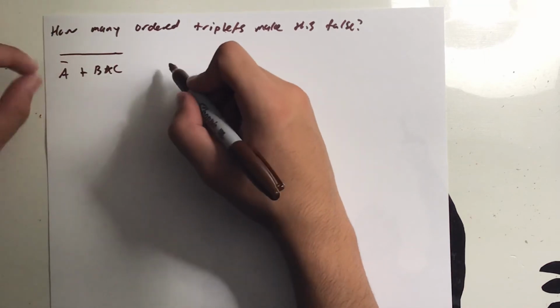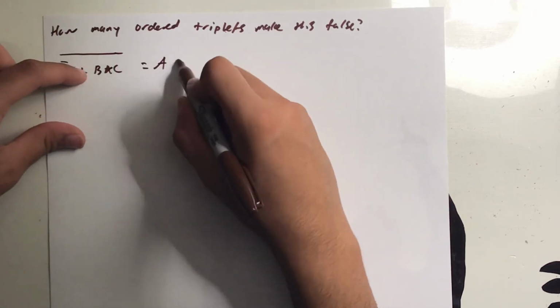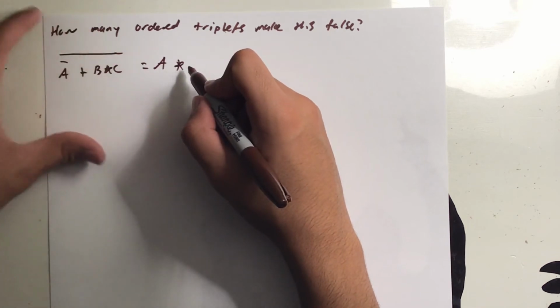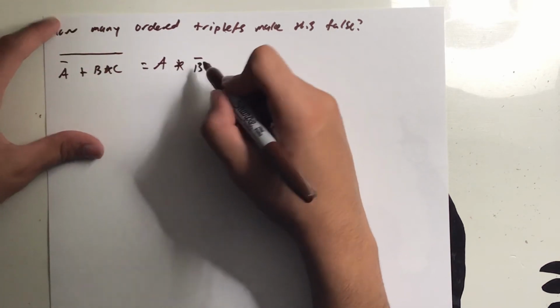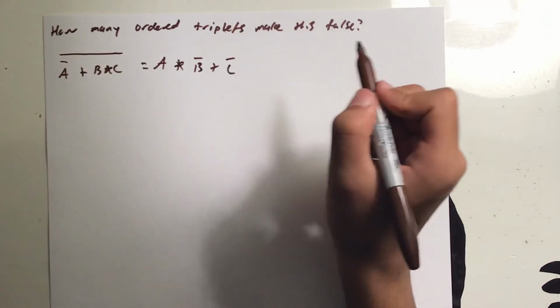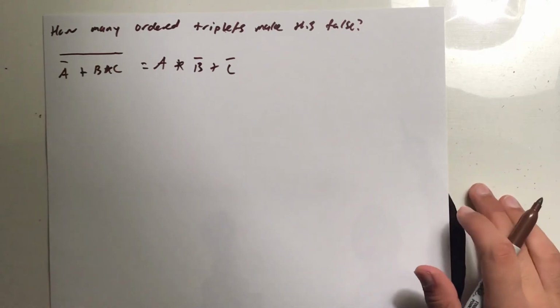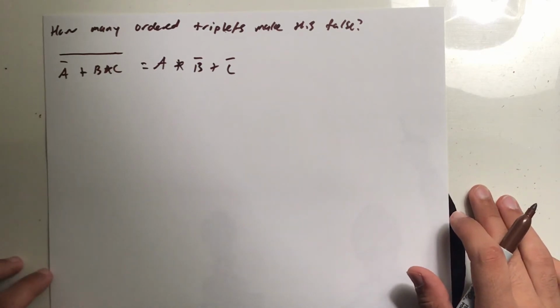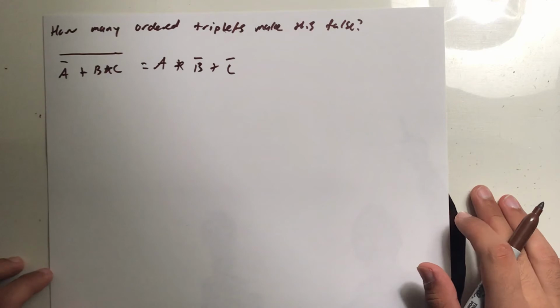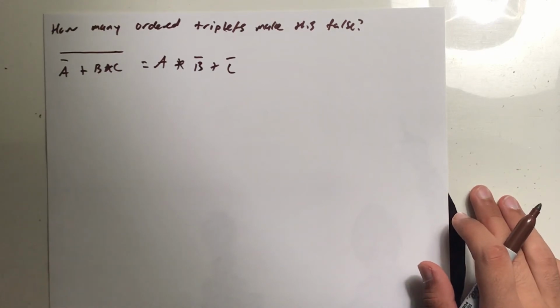The nots cancel each other out, so you get an A. Not of an or is an and, and this whole thing's being notted, so it's not B or not C, right? And now from here, using your knowledge of ors and ands, you can get this question right pretty fast.